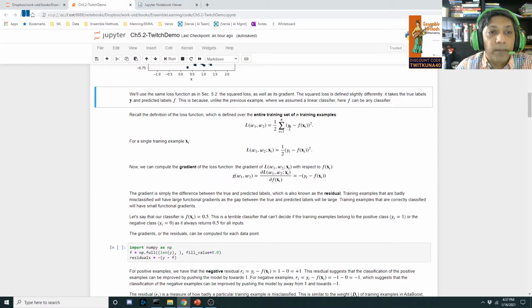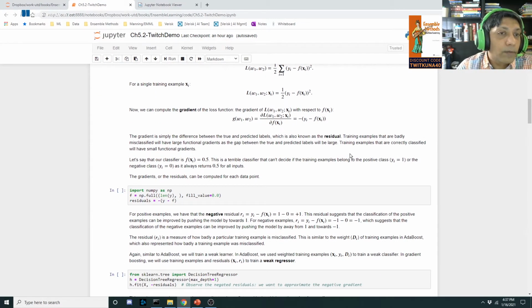Here yi is the true label, f is your model, and xi is your training example. Plug your xi into f, you get a prediction, then take the difference between the true label and the predicted label, and of course you square it. That's just your straightforward squared loss.